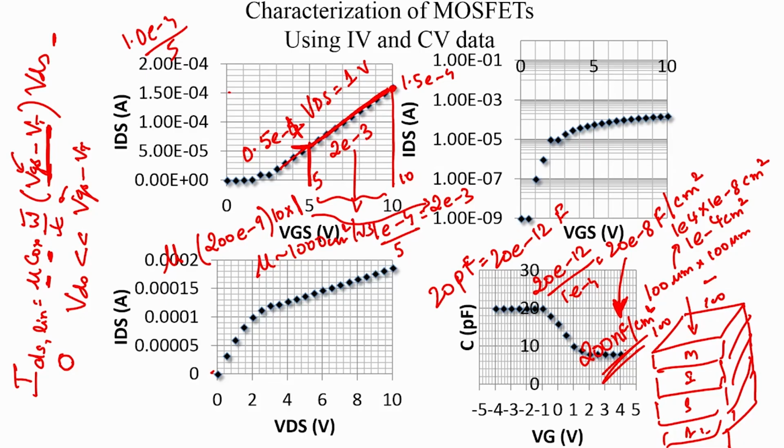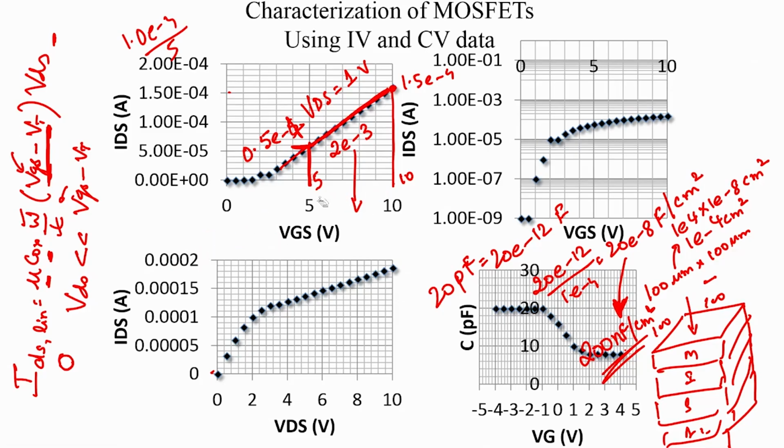Okay, so yes, the numbers do not make complete physical sense because we are just arbitrarily picking VDS and aspect ratio. So, there is no typo, it is just that a mobility of 1000 centimeter square per volt second is more acceptable considering the fact that we are using silicon as our role model.